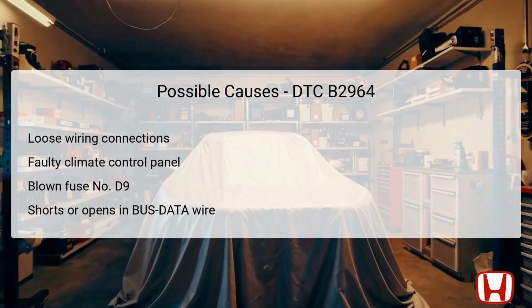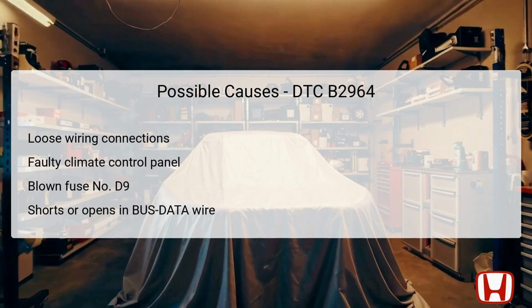Several factors can lead to the triggering of DTC B2964. Firstly, loose wiring connections can prevent adequate communication between the climate control unit and the front panel, so it's essential to inspect all related connections. A faulty climate control panel itself may also fail to transmit or receive data, leading to communication loss.